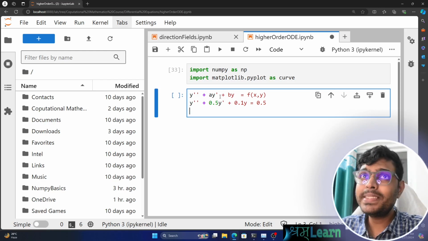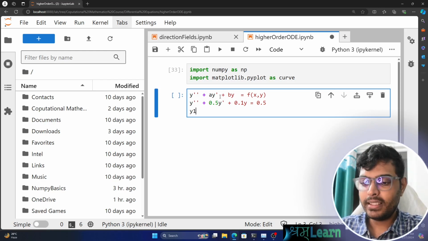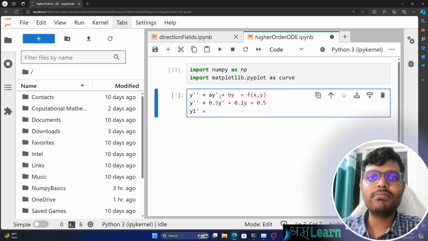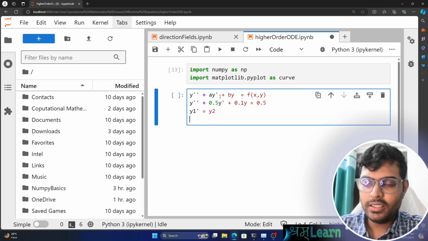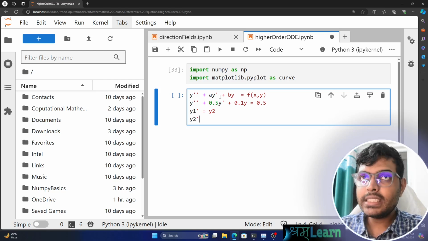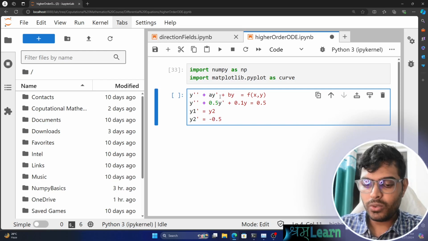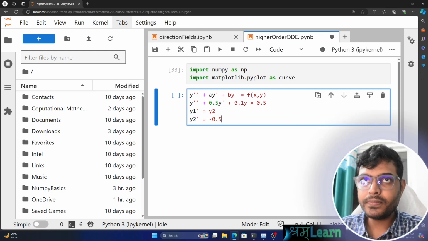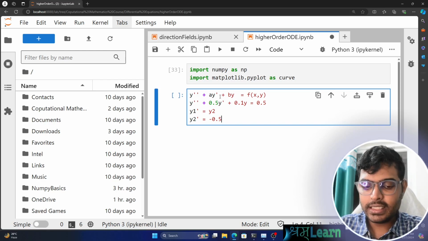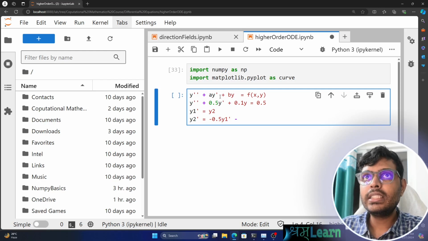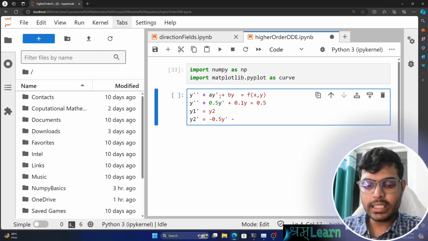So if that is the case, how can we go ahead? So can we make a replacement: y1 dash is what? y1 dash is y2, that we know. What is y2 dash? y2 dash is negative 0.5 y dash, and y dash is y1 dash, which is nothing but y2.